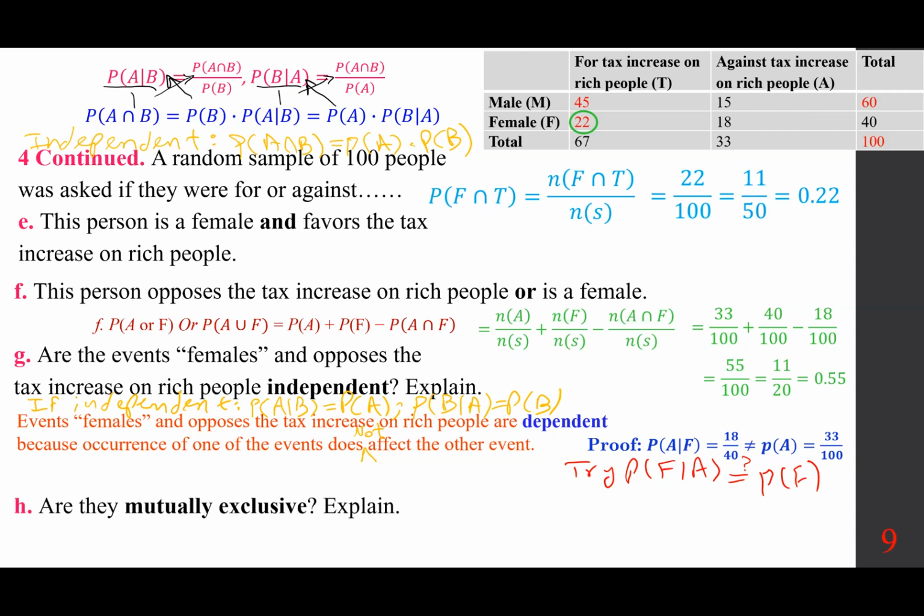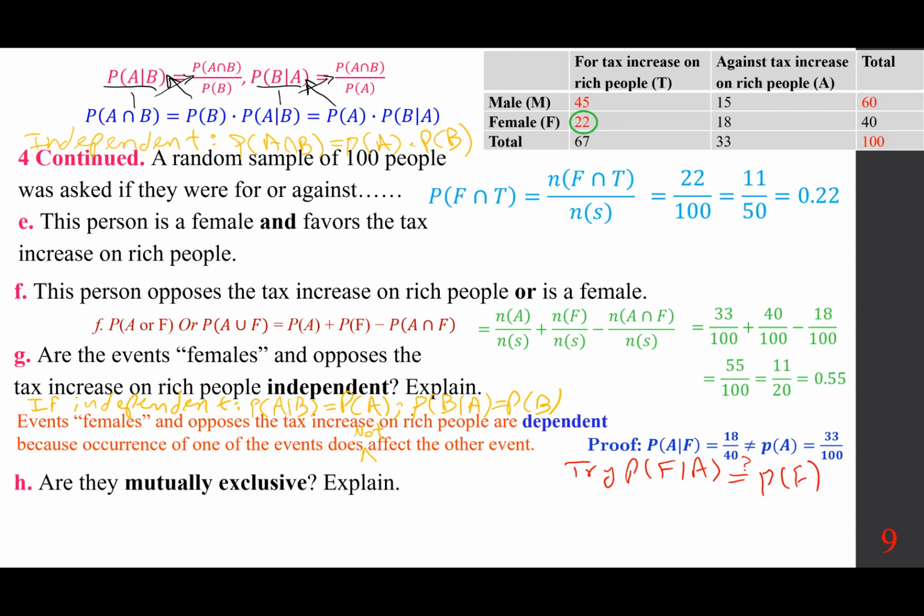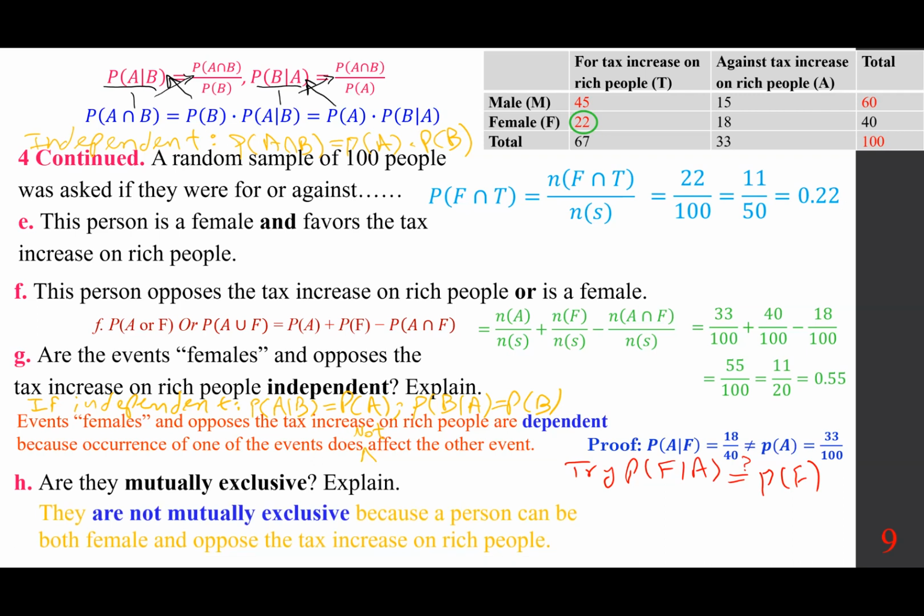The next part is asking, are they mutually exclusive? And again, they are not mutually exclusive because a person can be both female and oppose the tax increase on rich people. But again, the best course of action is to look at the proof with formulas. Probability of A intersection F, we know it to be 18 over 100.